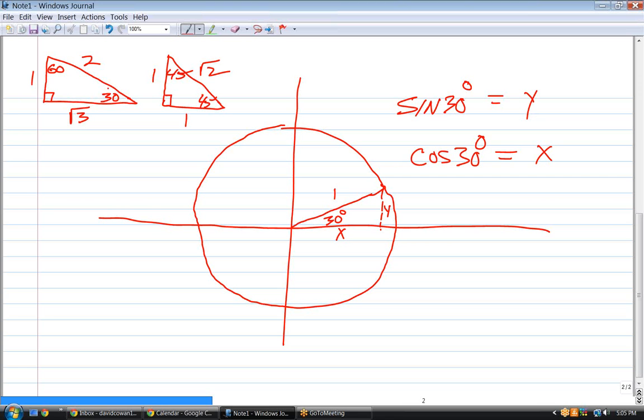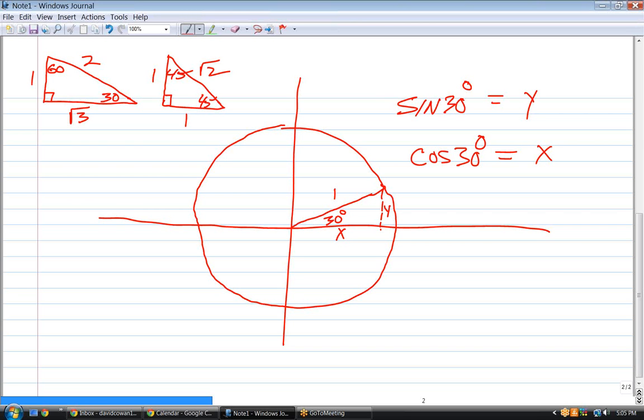Notice that I can tell that the sine of 30 degrees is 1/2 from this triangle, and that the cosine of 30 degrees is square root of 3 over 2, and that the tangent of 30 degrees is 1 over root 3 or root 3 over 3.